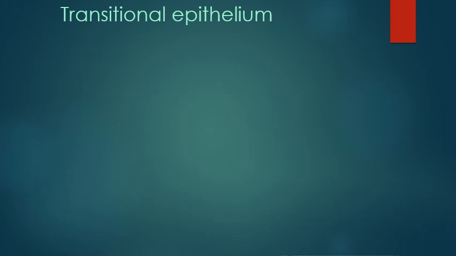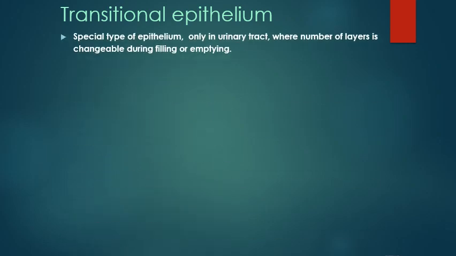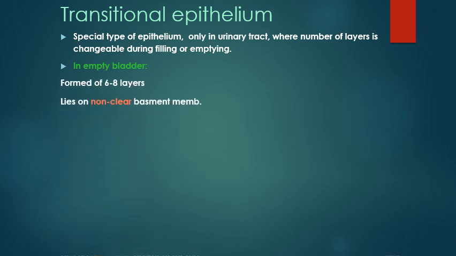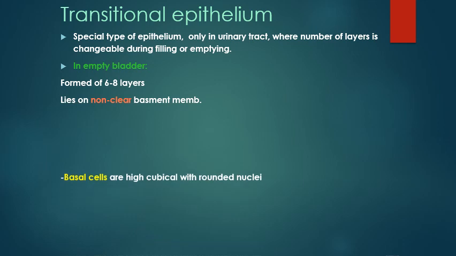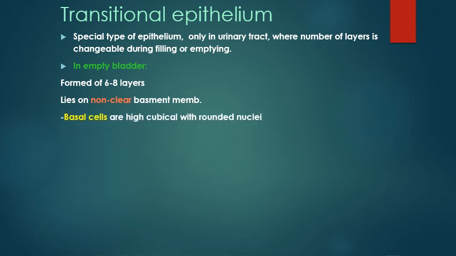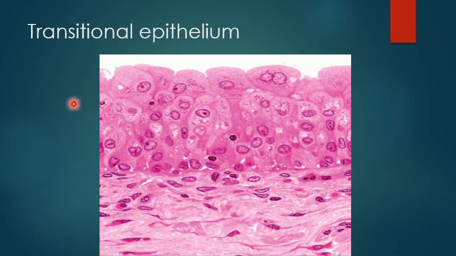The transitional epithelium, by its name, changes in the thickness of its layers from a filling to an empty state in the bladder. In the empty state, it appears to be 6 to 8 layers resting on a clear basement membrane. The basal cells are cubical with rounded nuclei, and the intermediate cells are polyhedral with round nuclei. Here, dear student, is a photomicrograph of the transitional epithelium.